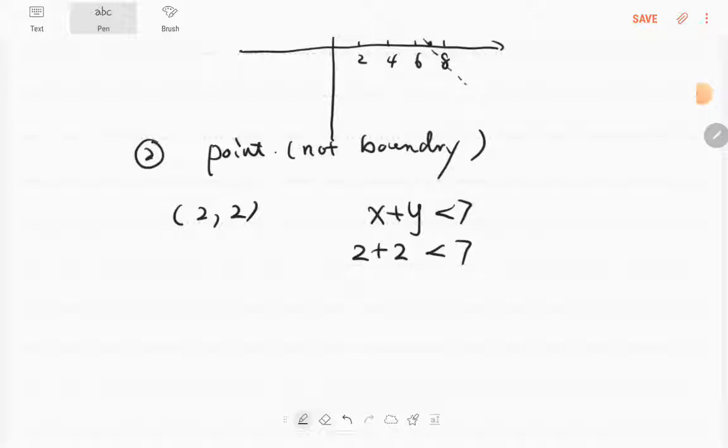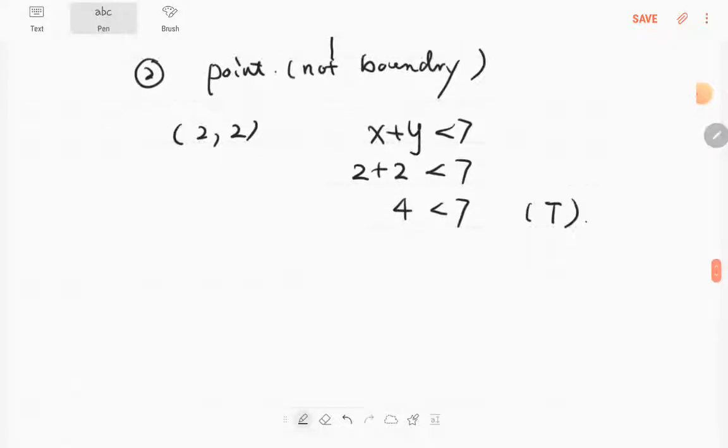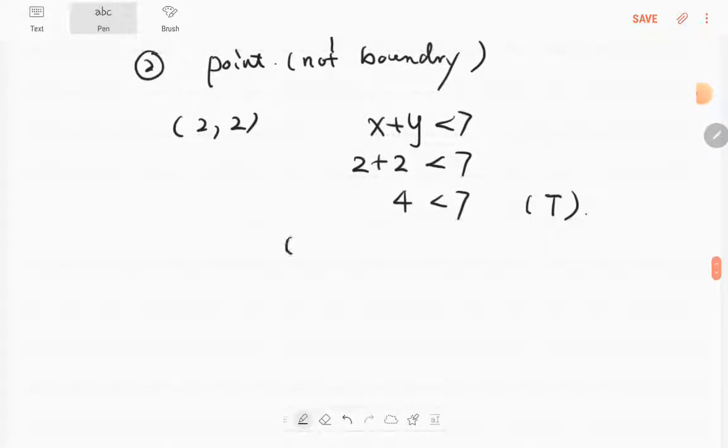Then we check the left side, we'll get 4, and the inequality is 4 is less than 7. Then we will say it's true. The inequality remains true. 4 is less than 7. So if it's true, then we know this 2, 2 is a solution, right?